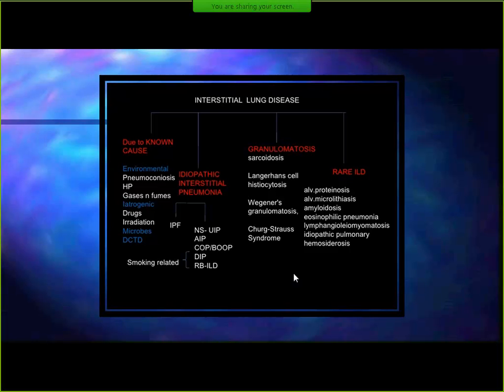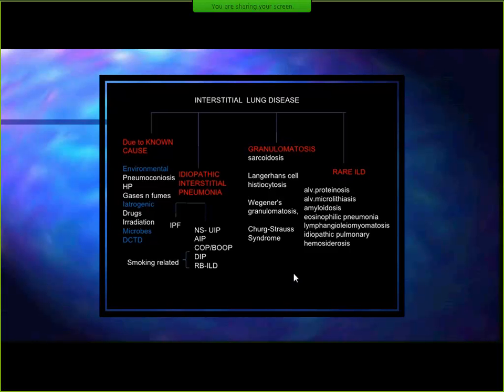Maybe it could be related to infectious process, or it could be related to connective tissue disorders, or it could be idiopathic. And the idiopathic group of interstitial lung disease have been divided into 8 different types according to their pathologic description. And they also have common radiologic findings on the high-resolution CAT scan.